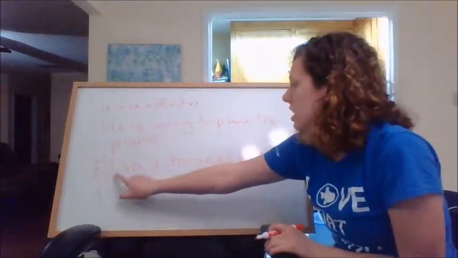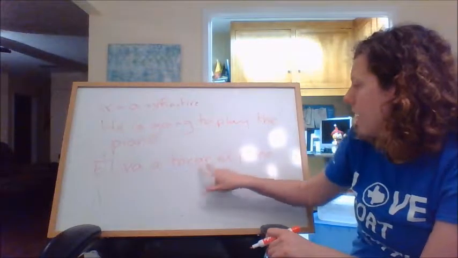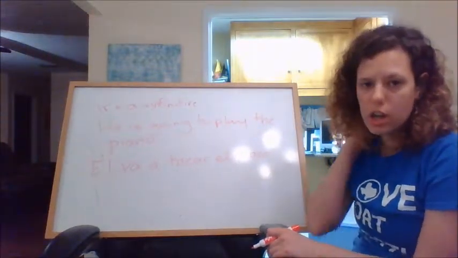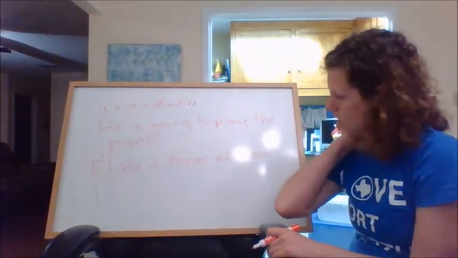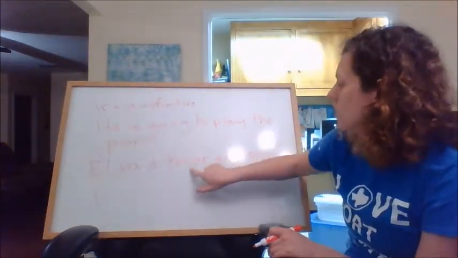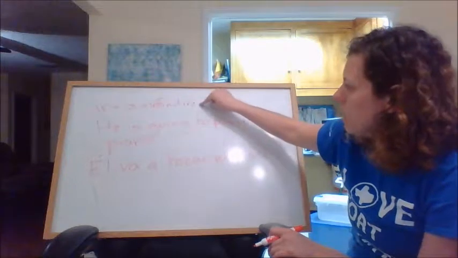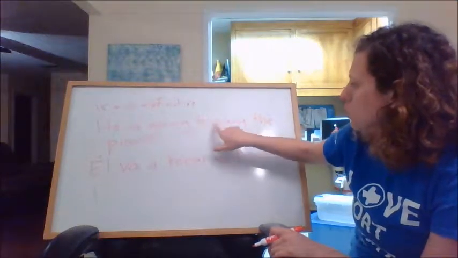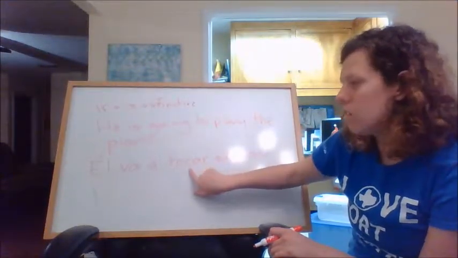He is going to play the piano. Near future. So when you're going to do something, you use ir plus a plus infinitive. I had to leave this as the infinitive because it's in my formula, but also we're trying to say to play, so I have to leave it in the infinitive.